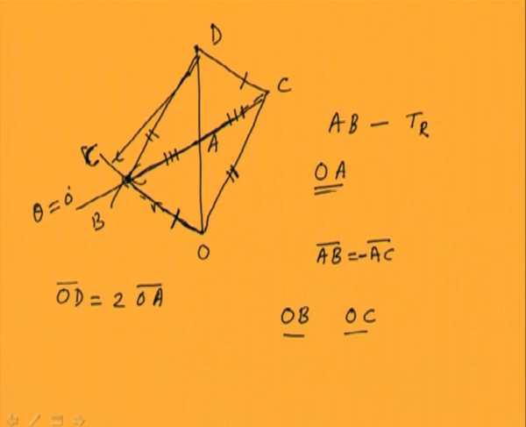So OA we are able to measure, and that will give us the magnitude of the unbalance. Now we need to find out the location of the trial unbalance with respect to the reference axis theta equal to 0.